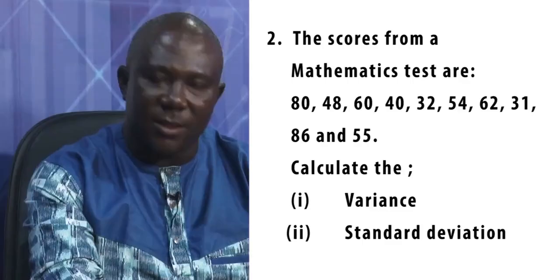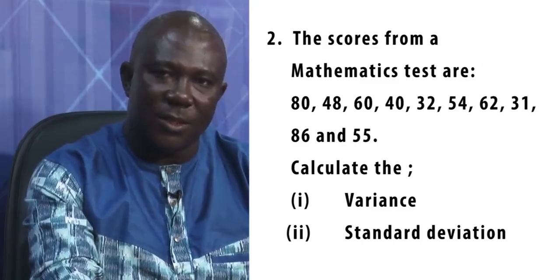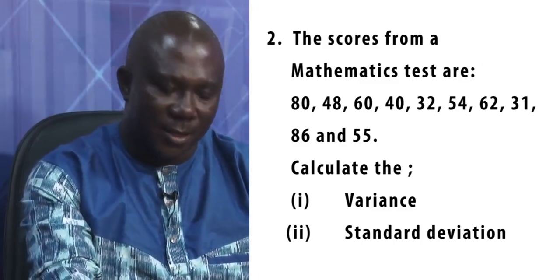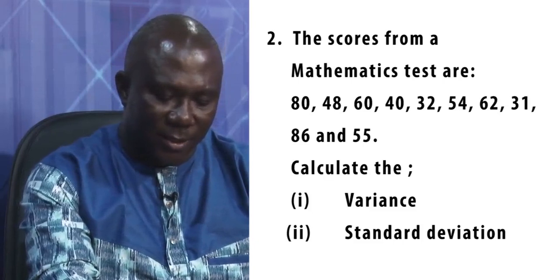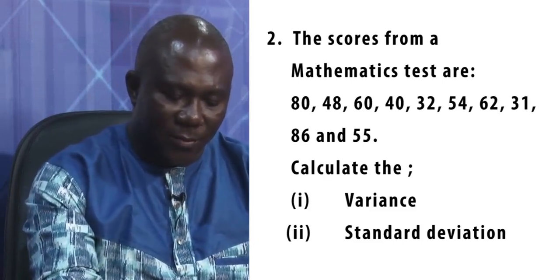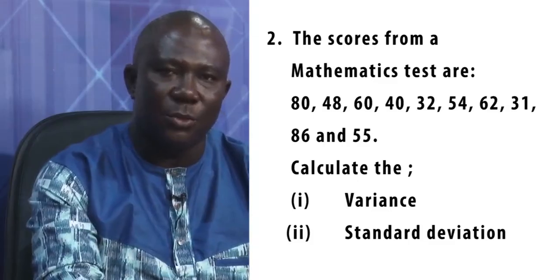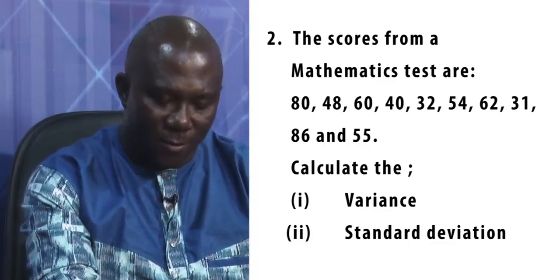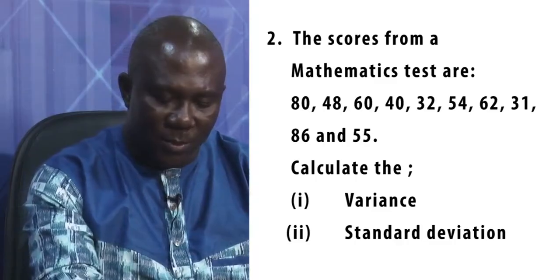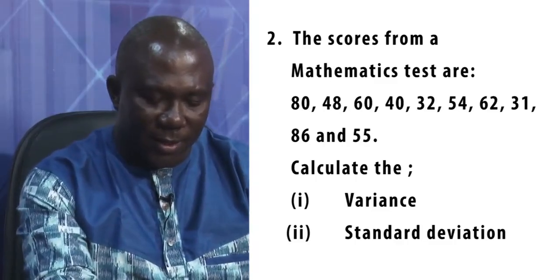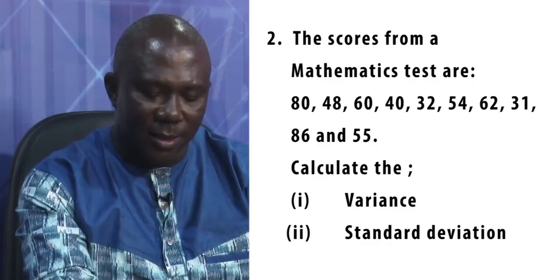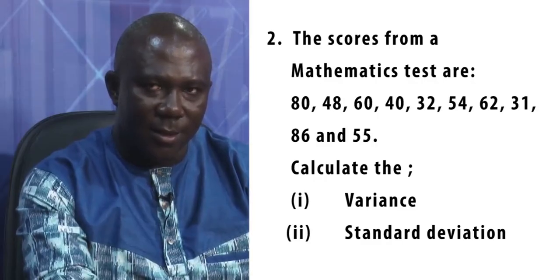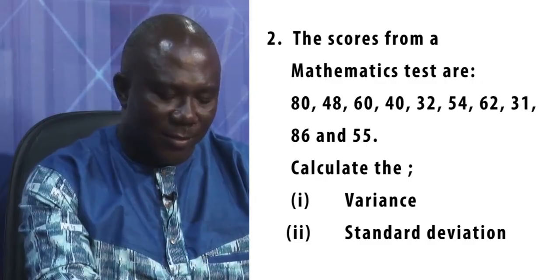Thank you very much. Let's take our second question. The scores from a mathematics test of 10 students are 80, 48, 60, 40, 32, 54, 62, 31, 86, and 55.